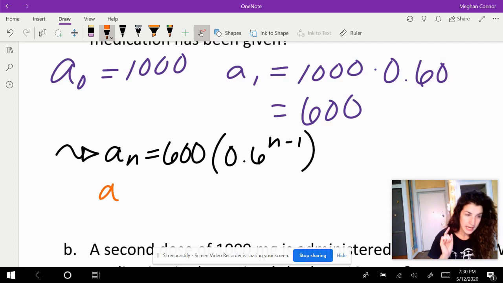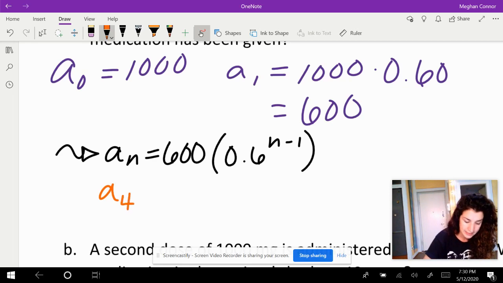Are we calculating at the end of noon or at noon? At noon, which is at the end of the 4th hour. 8 to 9, 10, 11, 12. Yeah, the 4th hour.